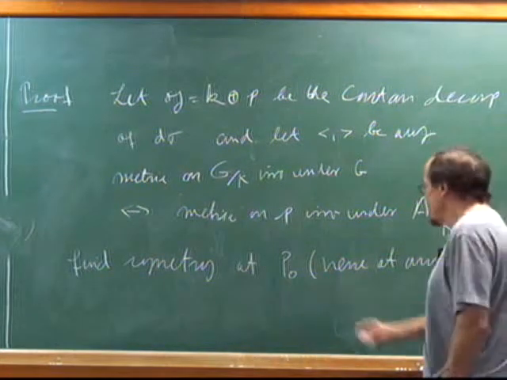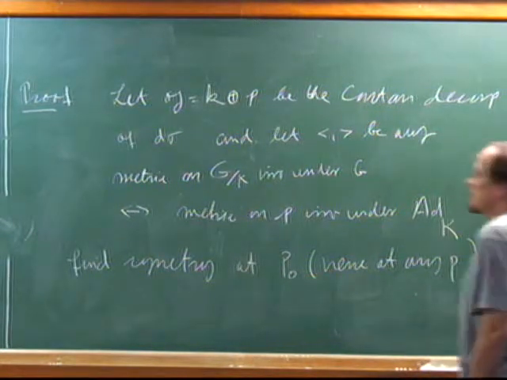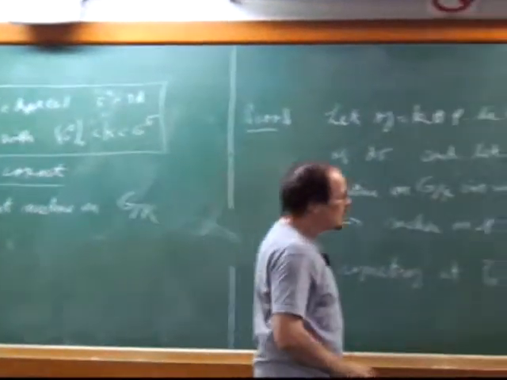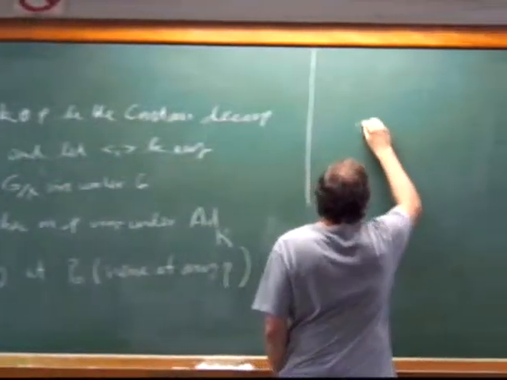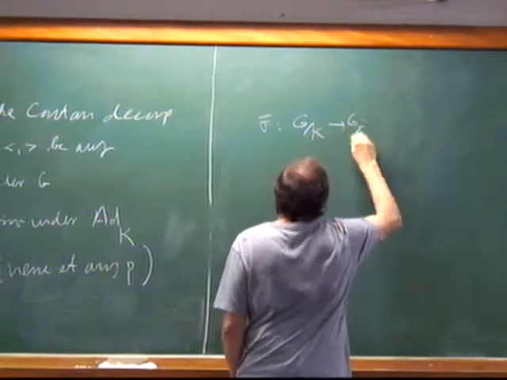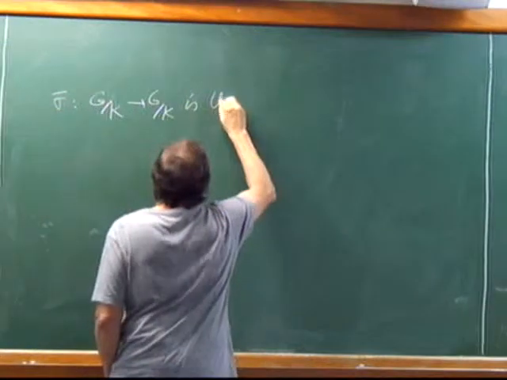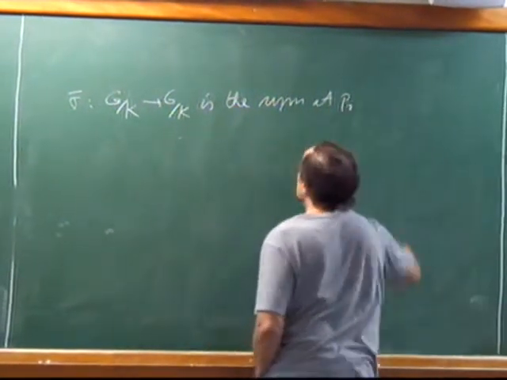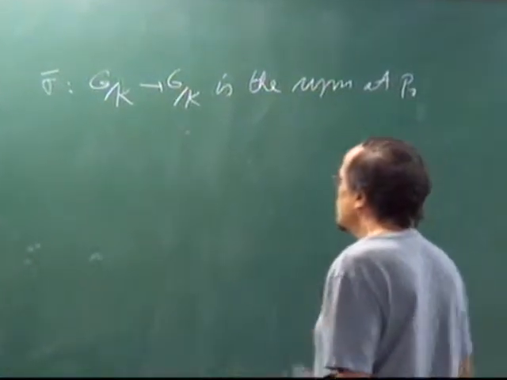And what should be the symmetry at the point p naught? Well, what could it be? It should be given by the automorphism. So I claim sigma bar as a map from G mod K to G mod K is a symmetry at p naught. So remember how it acts.